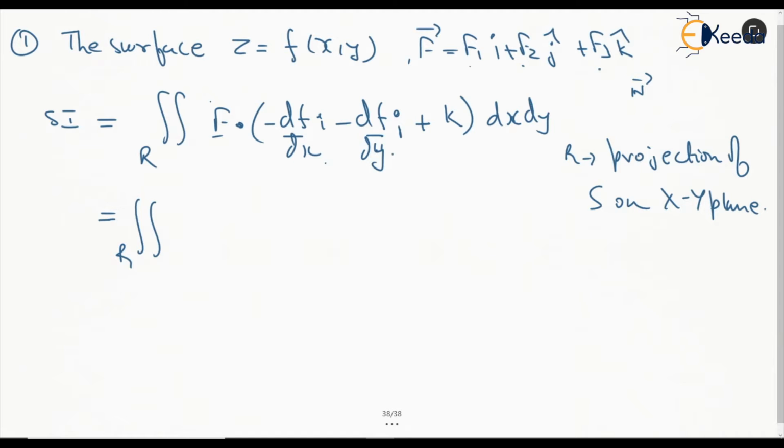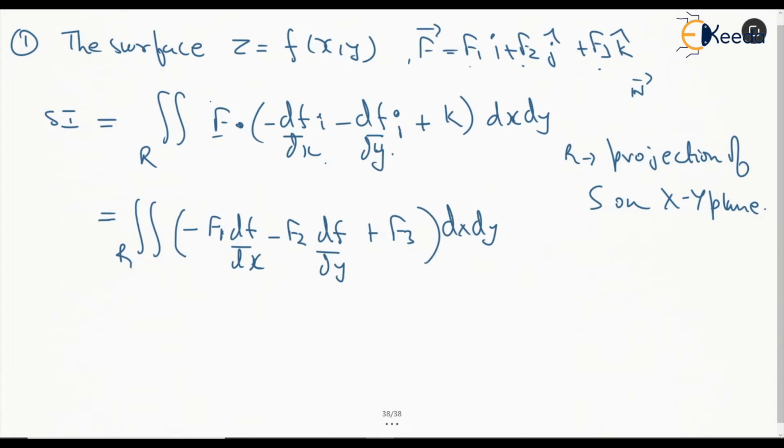So in that case we can also do it in this manner: minus f1 times df by dx, minus f2 times df by dy, and plus f3 times, simply k is there so no other factor is there, into dx dy, right?